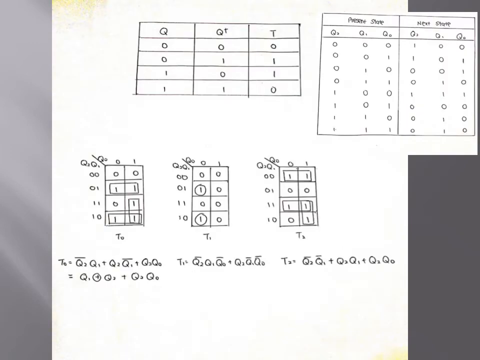So the next step, we can do a table also. The table has 3 columns, which are Q, Q plus, and T. Q refers to present state, Q plus is next state. So when Q is equal to 0, Q plus is 0, and then T will be 0.